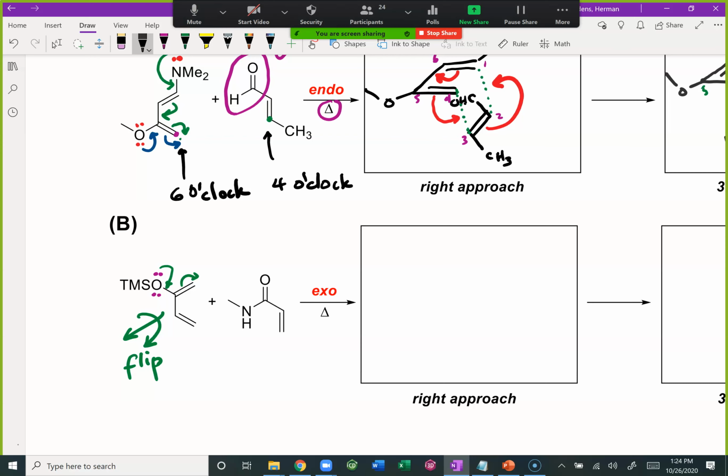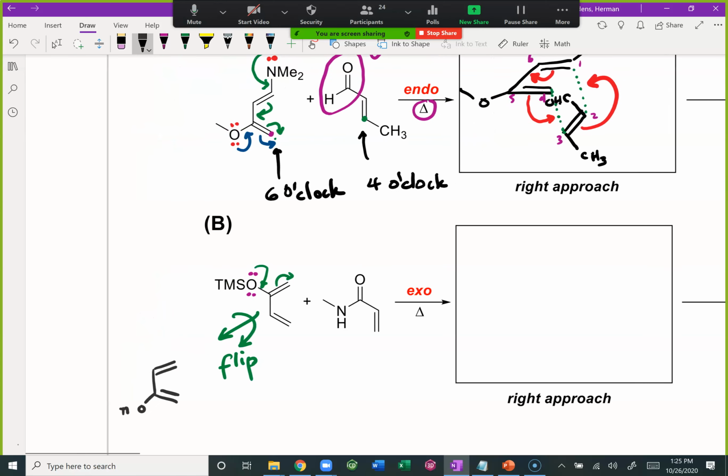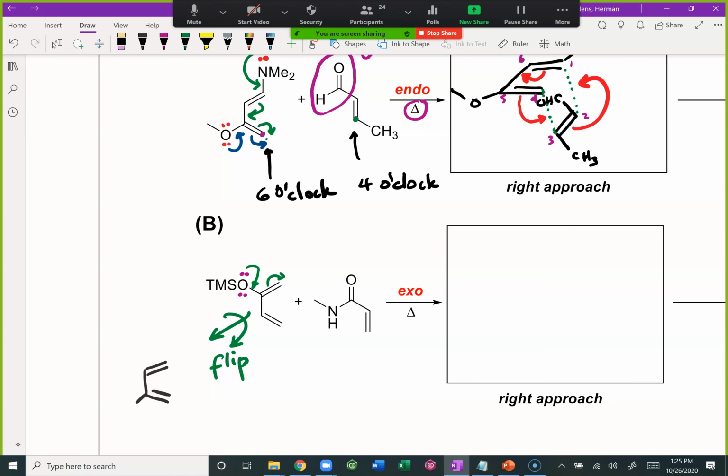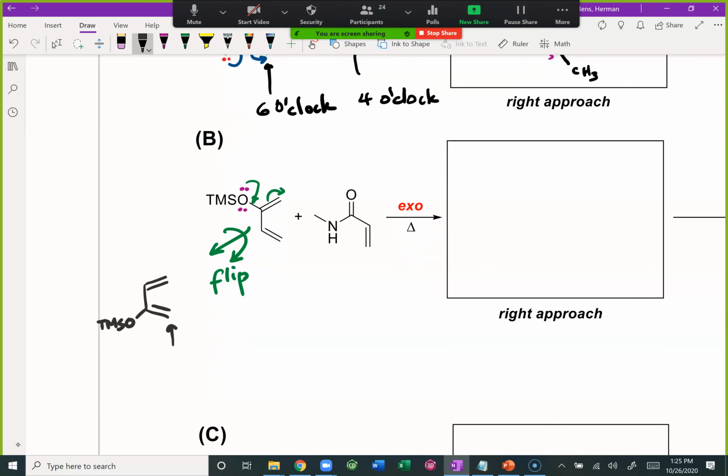Okay? So when I flip this, I'm going to put my TMS group here. Hold on a sec. TMSO group will be right there, representing that this carbon now is my electron-rich carbon, and it will be at 6 p.m. or 6 o'clock. All right.